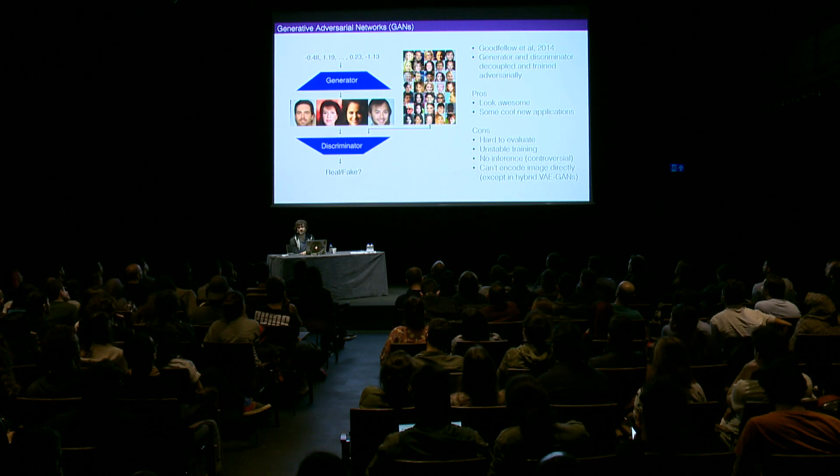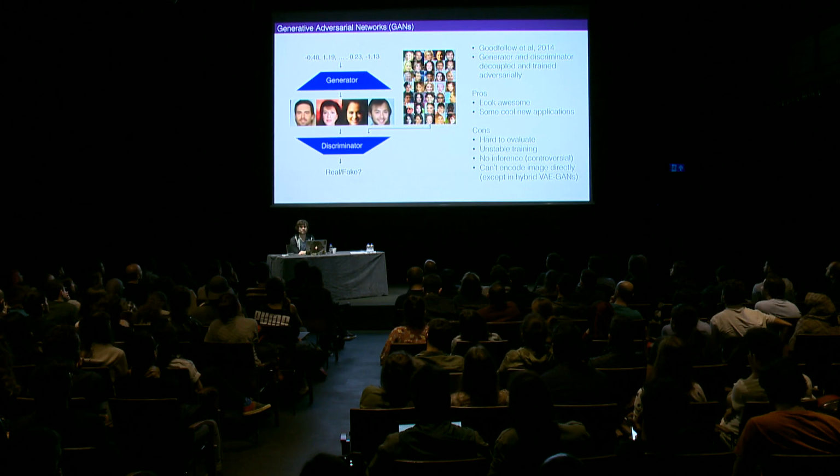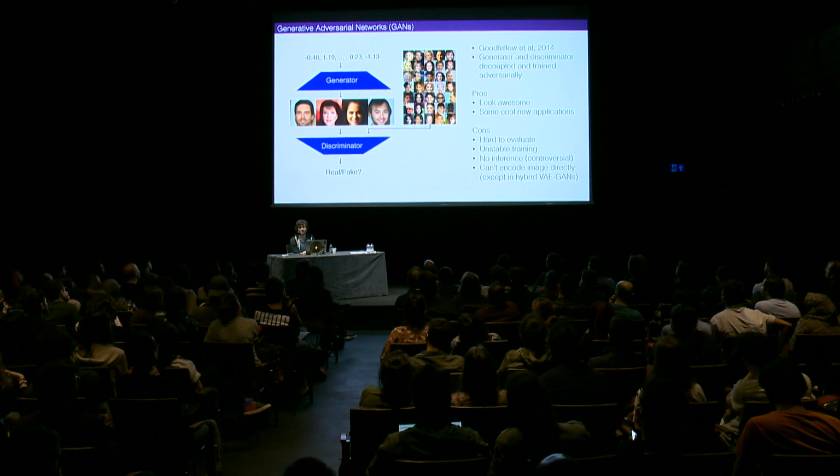And generative adversarial networks, for those of you who have heard of them, this is a technique that's been around since really ancient times, all the way back to 2014, when one person got drunk, basically, and came up with this really wild idea that no one had ever thought of, which is to have two neural networks locked in a sort of adversarial process where one neural network is trying to generate images, and the other neural network is trying to tell if those images are real or fake. And it turns out that this is a way of training generative models in a really, really good way.